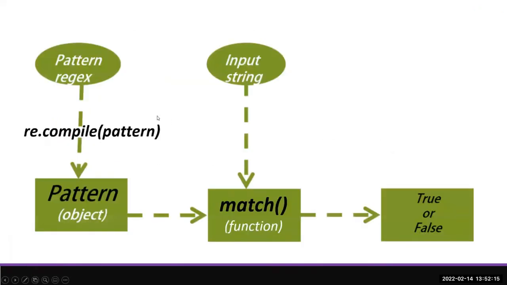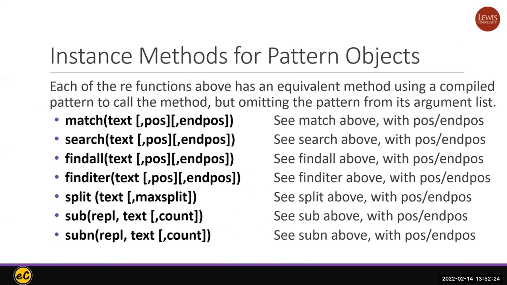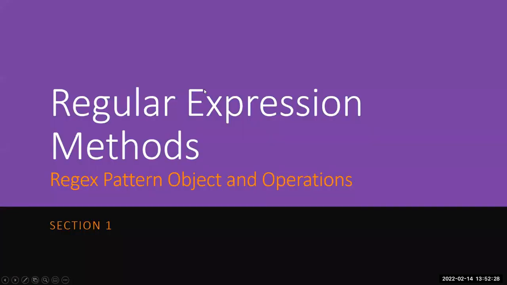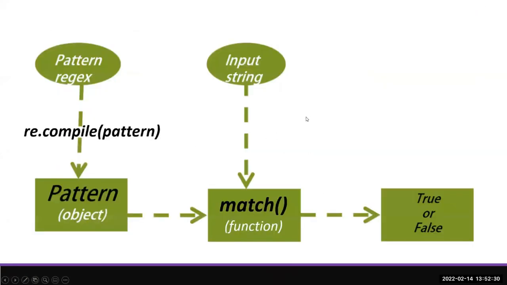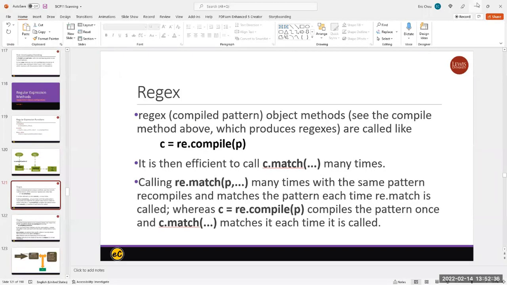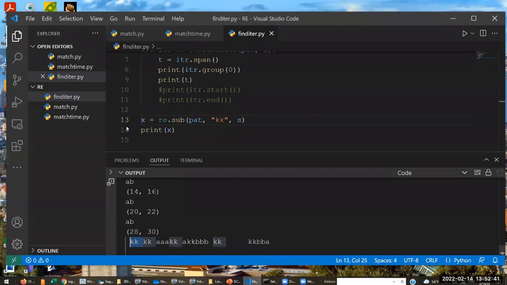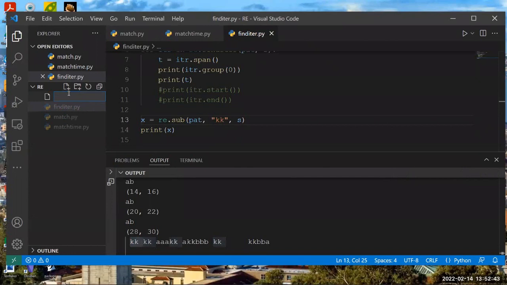And that pattern, later you can use for different functions. The same functions used in the previous string functions can all be used. So let's try to use this one called compile.